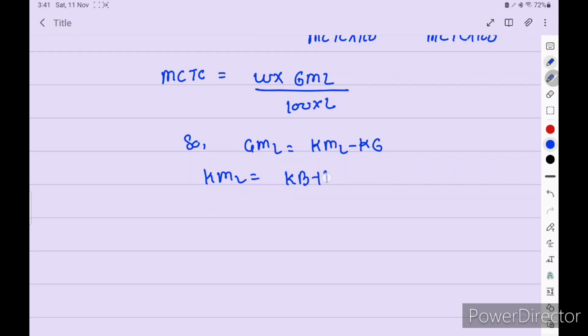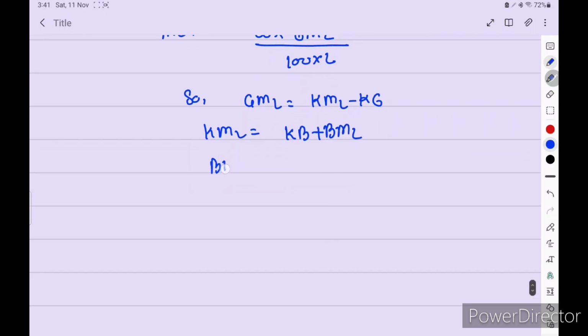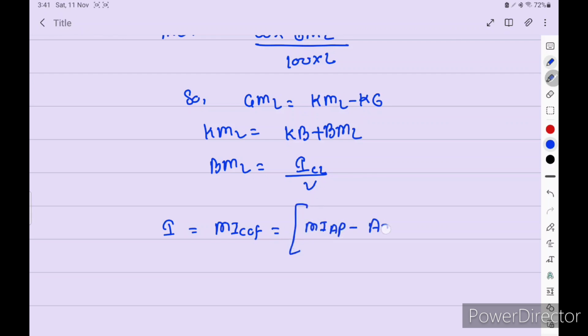Okay, so what is KML? KB plus BML. And what is BML? I upon V. And what is I? MI center of rotation is equal to MI about perpendicular minus area into LCF squared.